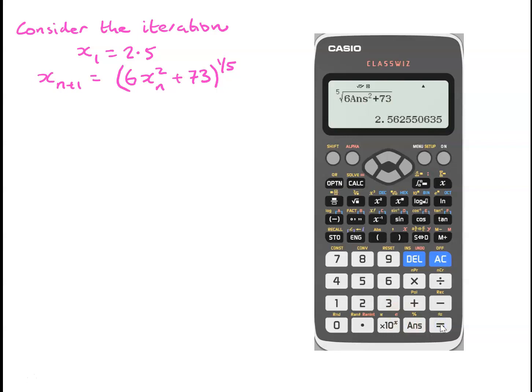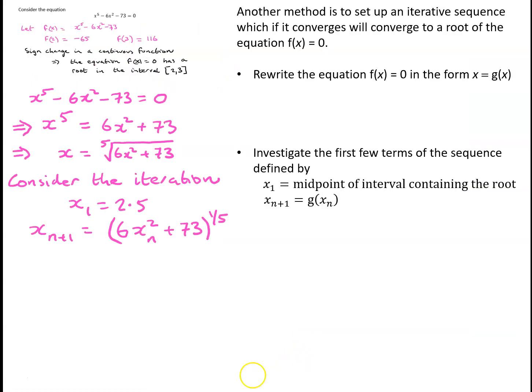Press equals. That gives me x2, x3. Keep pressing equals and it gives me all the subsequent terms in the sequence. You can see that the sequence is in fact converging to a value somewhere around 2.5727.